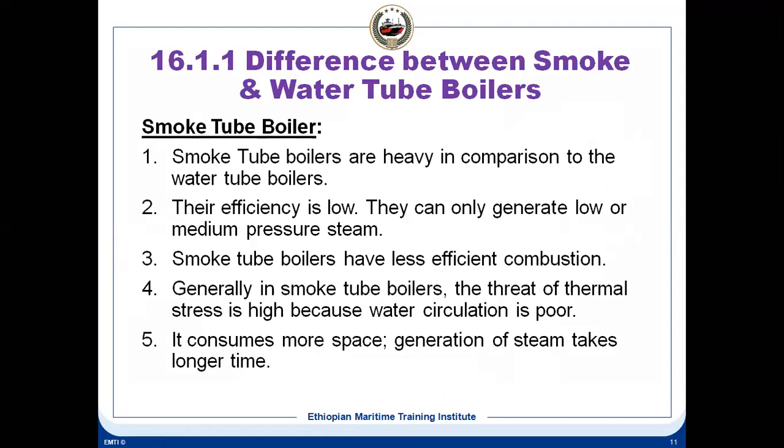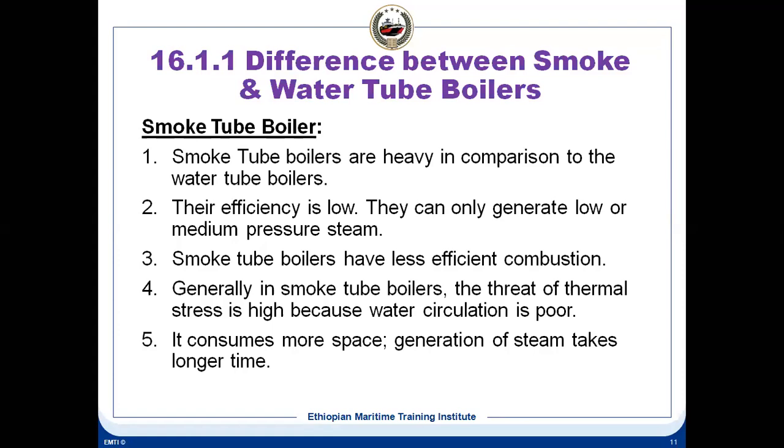Nowadays, on board the ship, you may not find that many smoke tube boilers as water tube boilers, and the reasons we will come to now. Smoke tube boilers are heavier in comparison to water tube boilers, since a smoke tube boiler contains a larger amount of water and hence has to be made of thicker material.